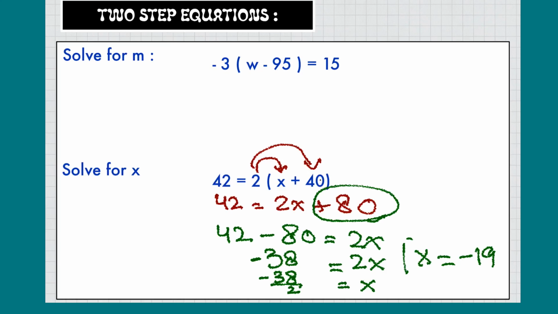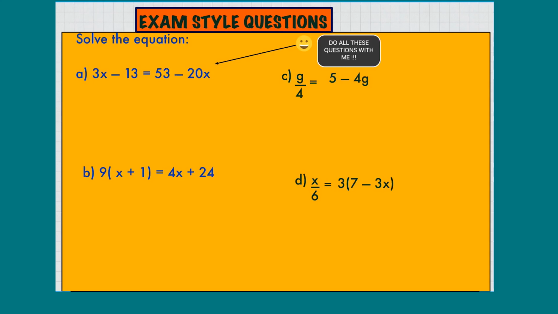So we have 3x minus 13 equals 53 minus 20x. The first thing I'll try to do is to get the like terms on one side, 3x and minus 20x. So I'm going to bring this minus 20x onto this side, which makes it plus 20x. So 3x plus 20x minus 13 equals 53.